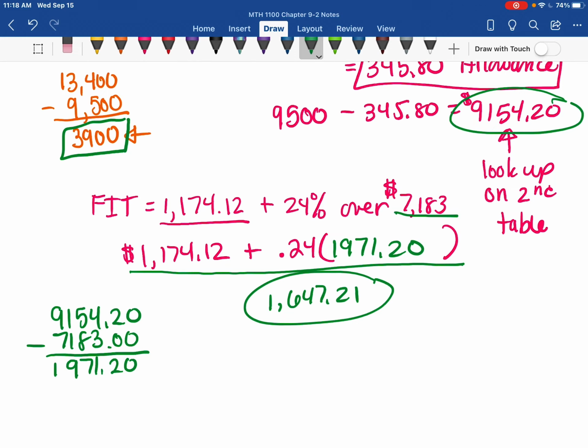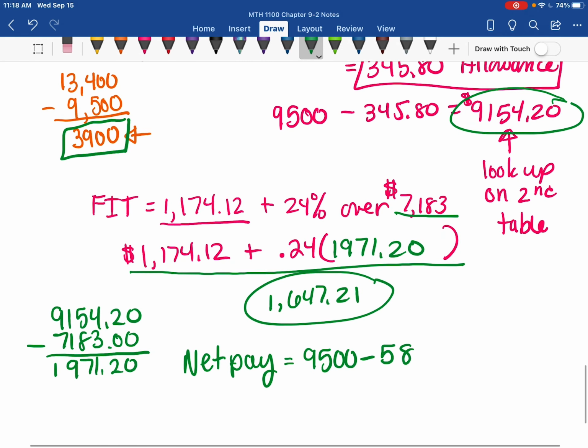Now, the problem didn't ask us to find the net pay, but if we want to, just to practice, to find the net pay, I just take her gross pay, which is the $9,500, and I subtract off all the deductions. So we have the Social Security, which was $589. Then we have the Medicare, which was $137.75.